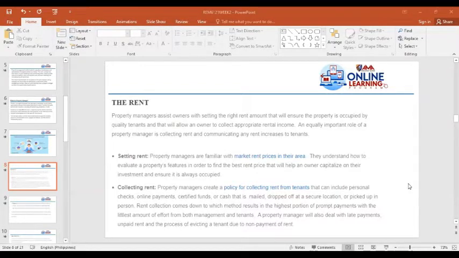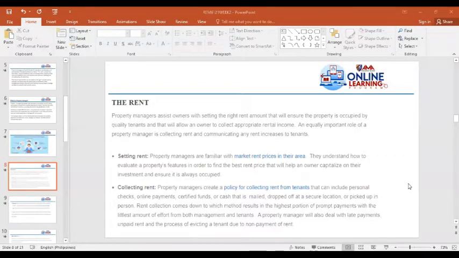So with this, he has to make sure that all the payments on a monthly basis should be paid in a proper time so that there is no problem between the property manager and the tenants.